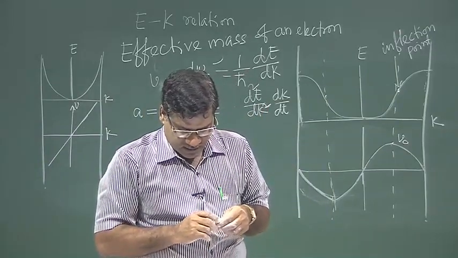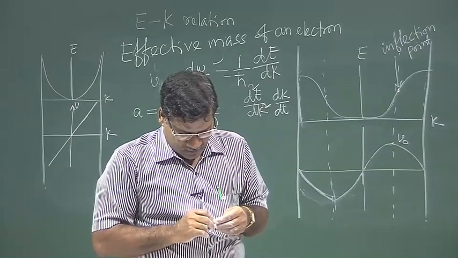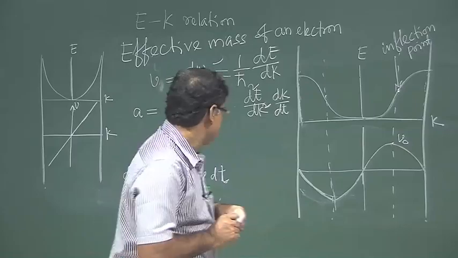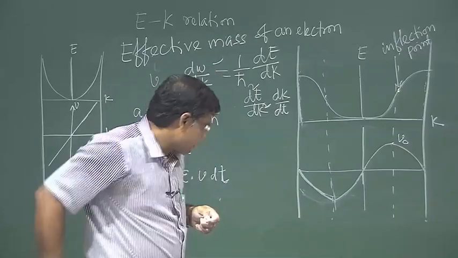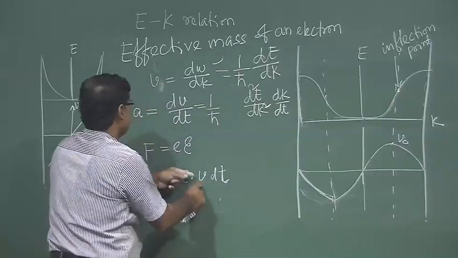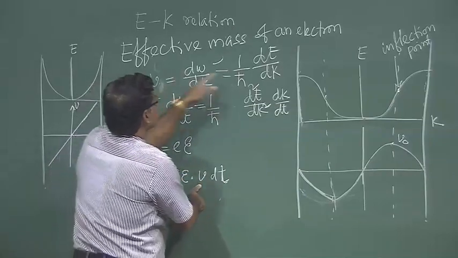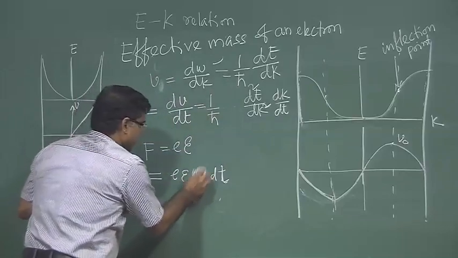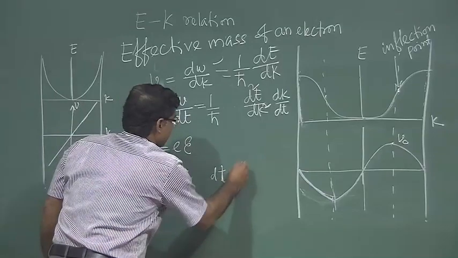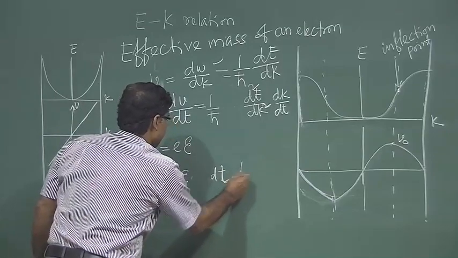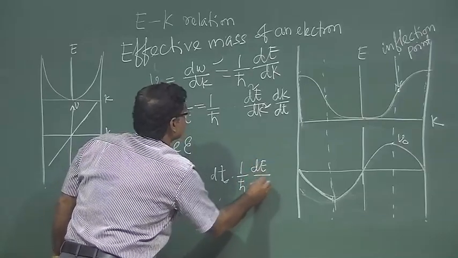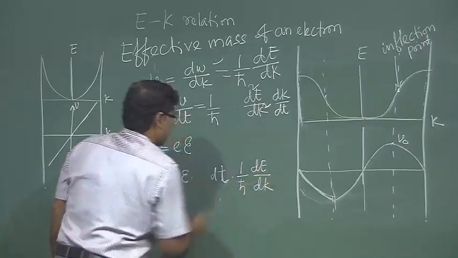So, V dt, so V by definition is this. So, I can replace V by 1 by h cross dE by dk, right.